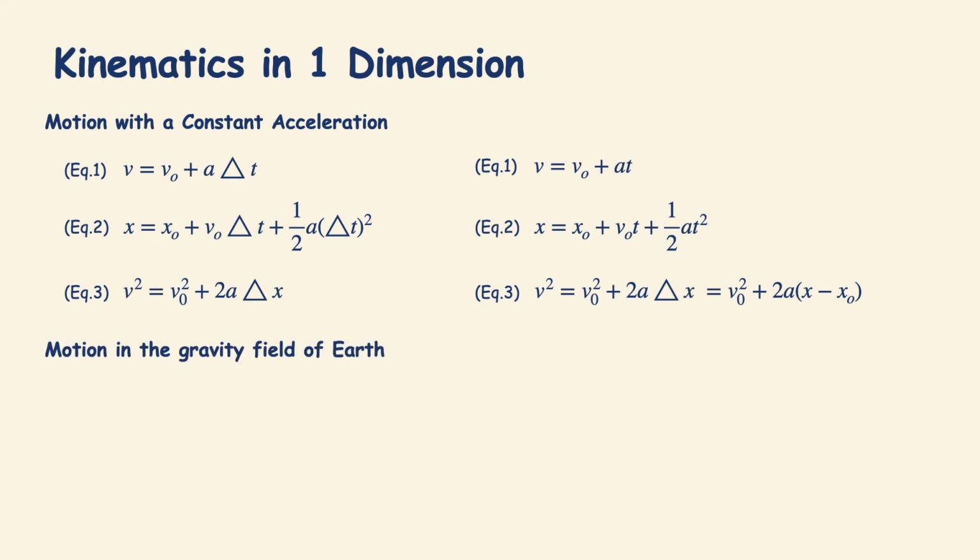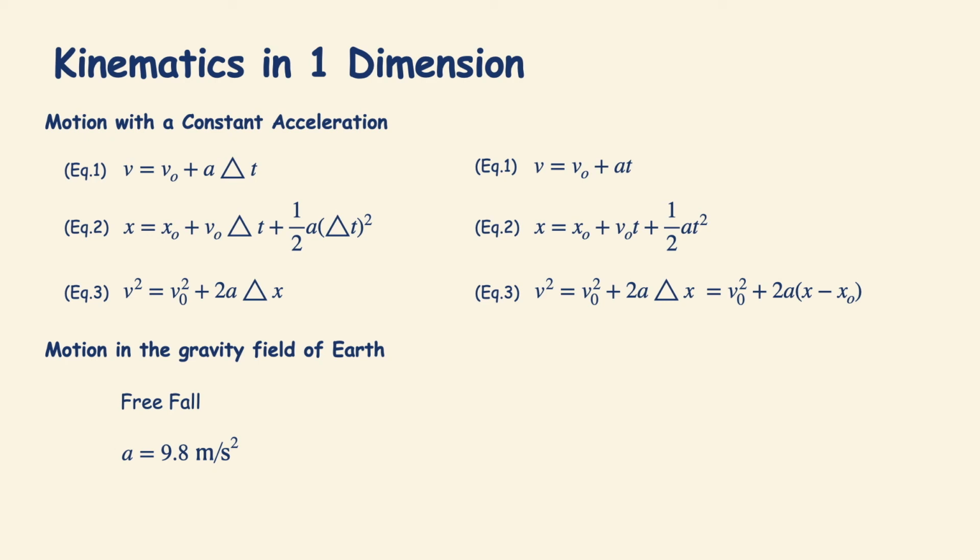There's one very particular situation in which objects move at a constant acceleration, and that is when you drop an object and let it fall. It will travel in the gravitational field of the Earth, and many centuries ago Galileo demonstrated that those objects will be falling downwards with an acceleration that is constant and equal to 9.8 meters per second squared.